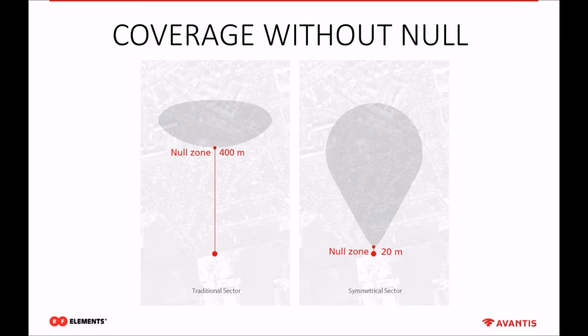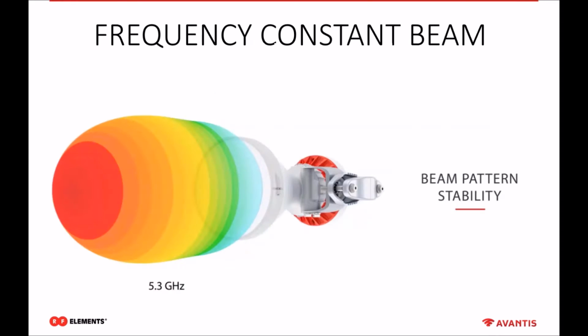The shape of the beam is one thing, but another benefit of the symmetrical sector antenna is that the beam is frequency constant. As you can see, the shape of the beam doesn't change with the changing frequency. It slightly changes, but the shape is still the same.